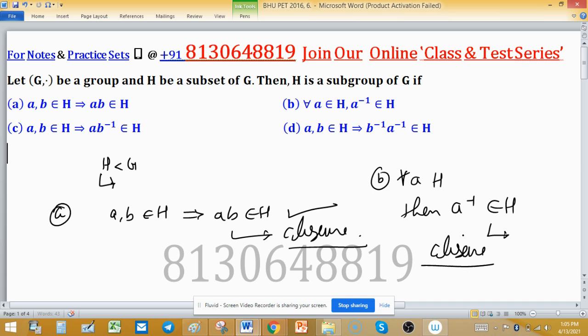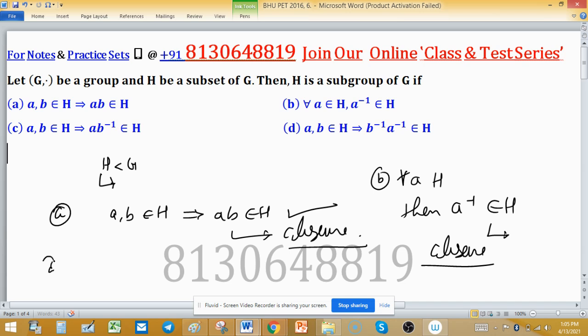Because the elements are coming from G, it doesn't mean they will satisfy closure. Yes, they may satisfy closure, but the identity they cannot prove using only this condition. Option C is correct, and we know that option C is the one-step test for a subgroup.